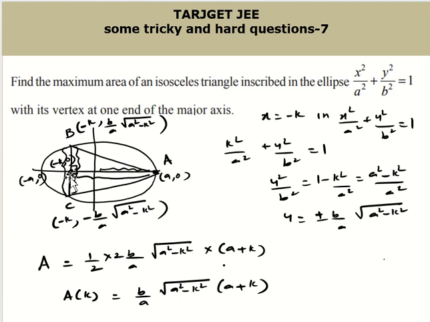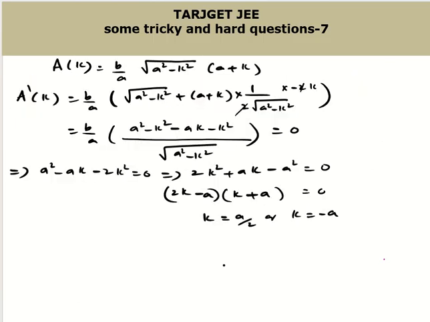That means this point coincides with point A. The point where BC meets the x-axis coincides with A. That means there is no triangle at all, or the triangle will have minimum area, which will become 0. So we will reject k is equal to minus a. So it should be k is equal to a by 2, which gives the maximum area. I am not proceeding with the second derivative, so I'll leave the second derivative test to you. So I'm getting k is equal to a by 2.